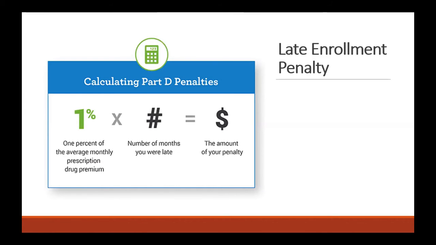I have had a few folks over the many years I've worked in this business that went for many years without Medicare Part D. I think I had one that went 10 years. So it was 120 months that she went without Medicare Part D or did not have what they call creditable coverage. So the 1%, and I can't quote the exact figure, but I think in her situation it was somewhere between 30 and 35 cents.